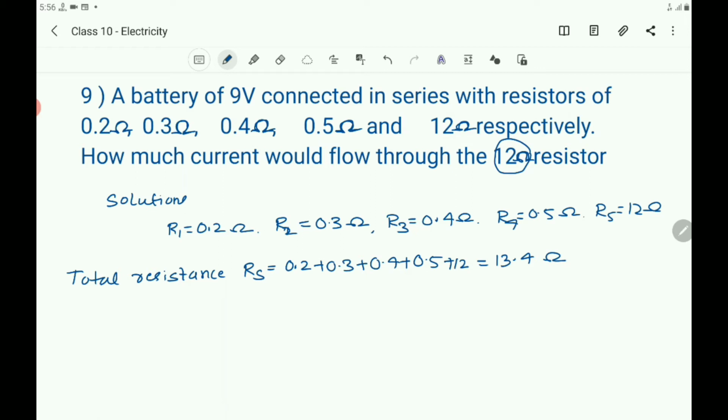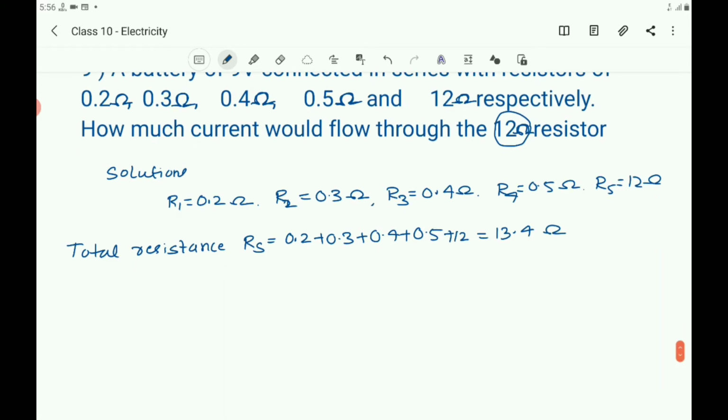And the current through the series circuit, you know that I equals V by R. Here I equals what? 9 by 13.4, that is the current in the circuit.